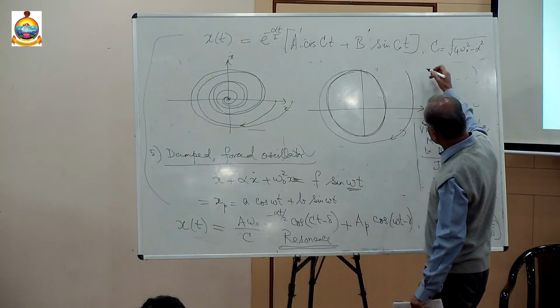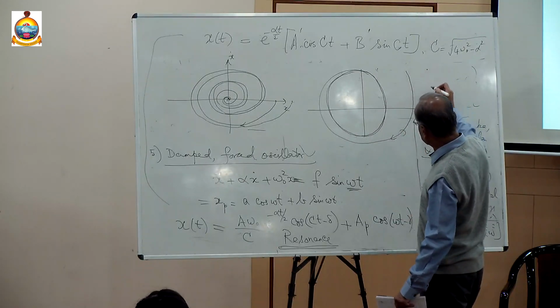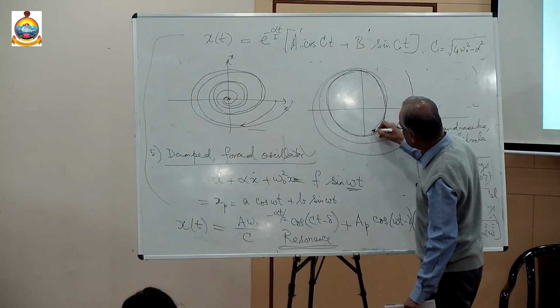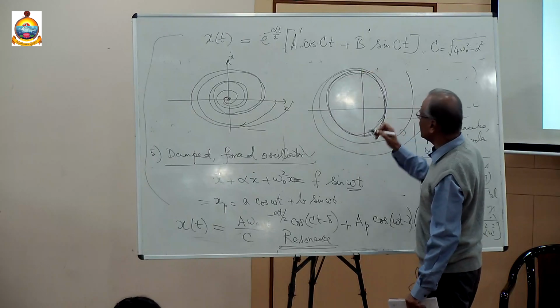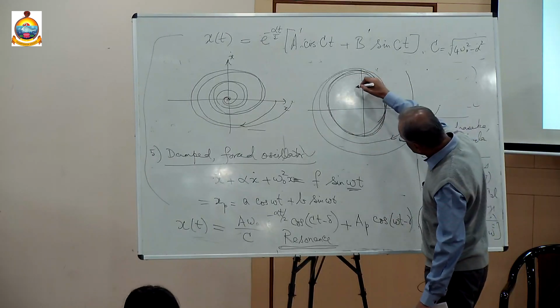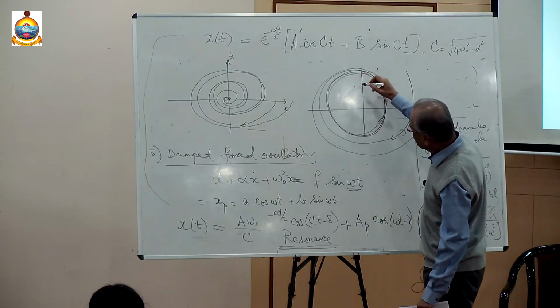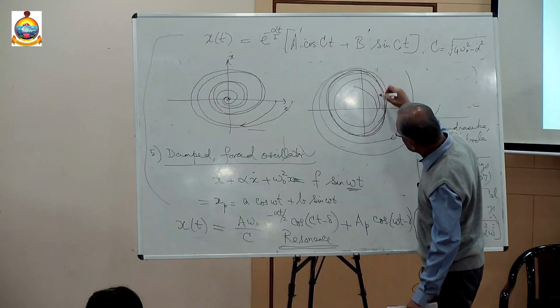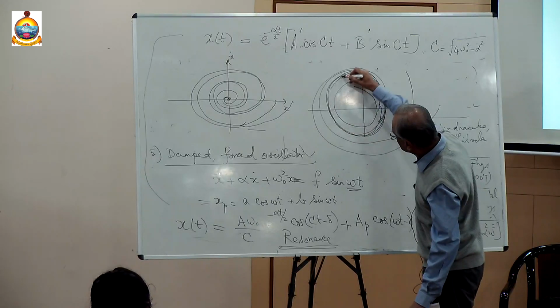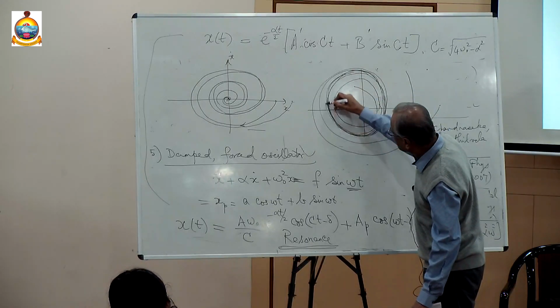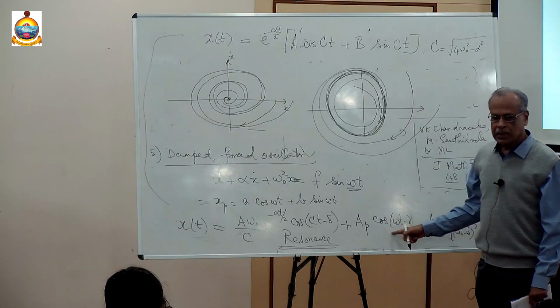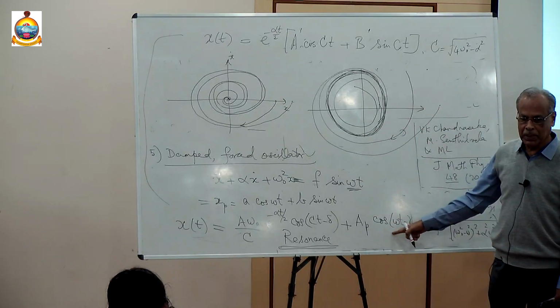Okay. And wherever you start, whether you start here or here, anywhere, ultimately you always end up in this periodic orbit. Even if you start inside, again the system will start approaching this particular orbit and end up finally in this limiting periodic orbit with a definite period T equal to 2 pi by omega.